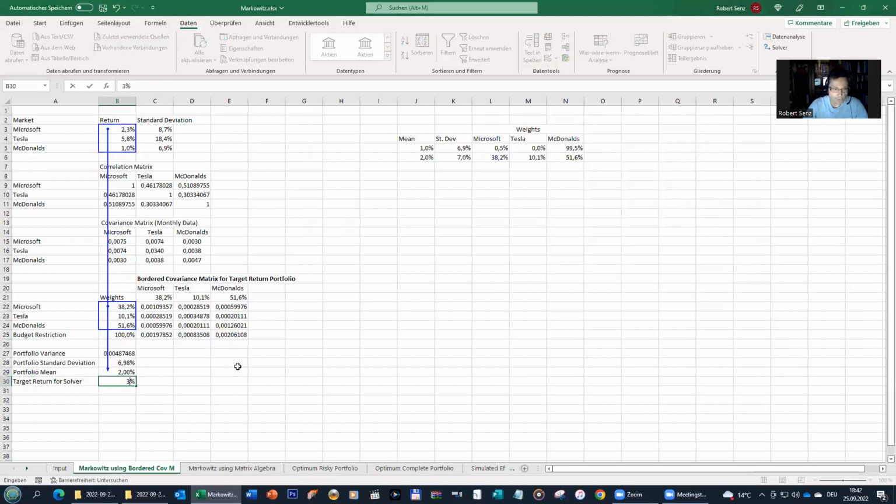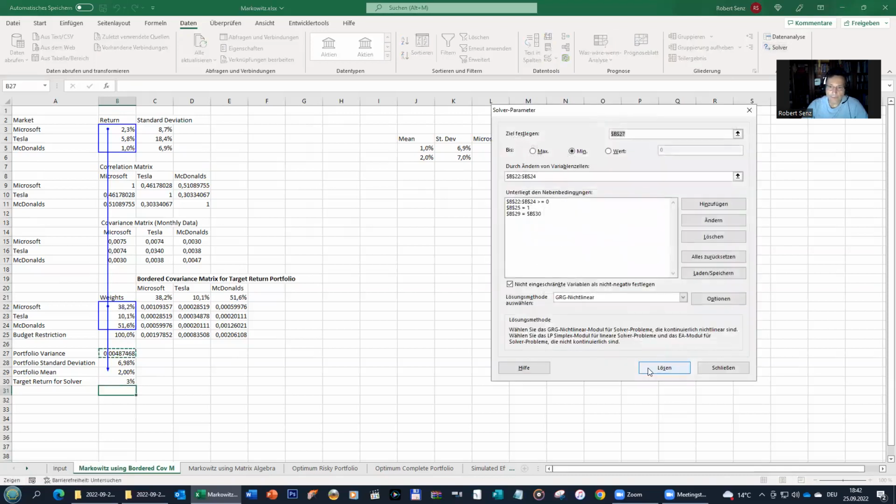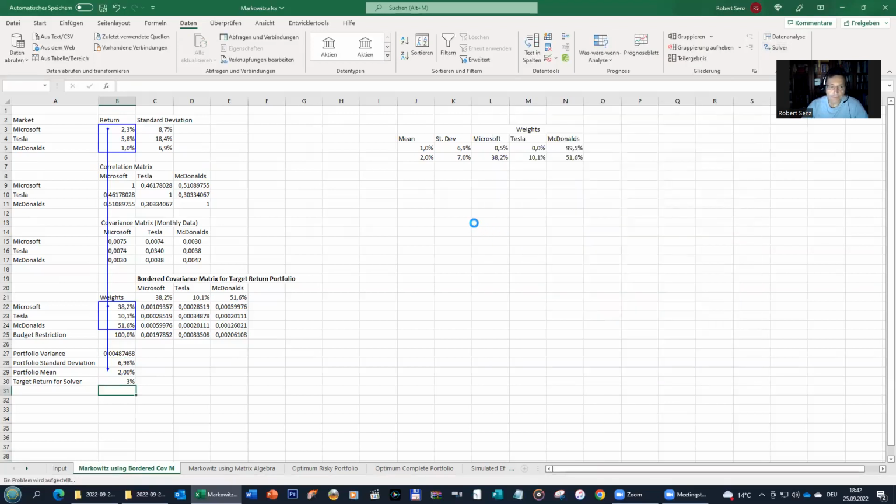So let's say we want to solve for 3%. Again, hitting the solver button. And this is super fast. We do it again. And now you will see different weights here.